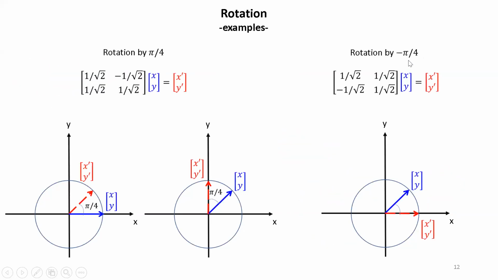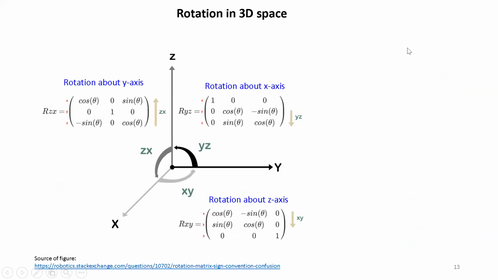But when you use a minus angle, that means your rotation is in the clockwise direction, instead of the anti-clockwise direction. Anti-clockwise refers to a positive angle, and clockwise refers to a negative angle. So then let's take a look at the generalized case. This time I'm considering a rotation in three-dimensional space.